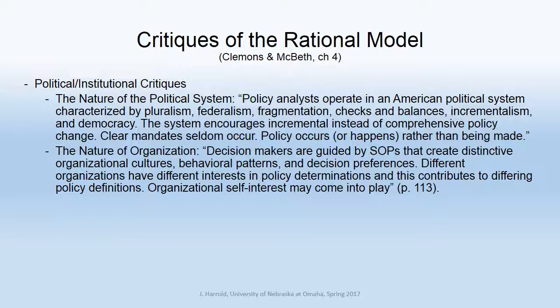How about political and institutional critiques? Well, what they're talking about here is the nature of the political system and the nature of the organizations. So our political system in the United States, by design, in fact, has checks and balances. People do often complain about the way our political system works. They say that it's inefficient.